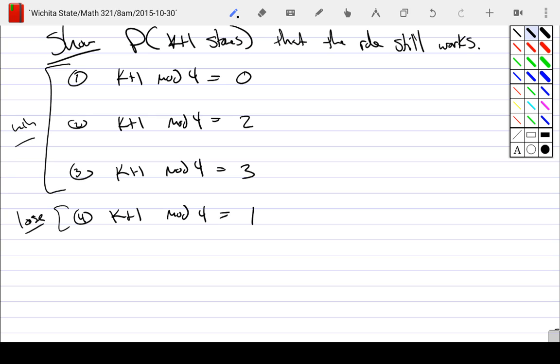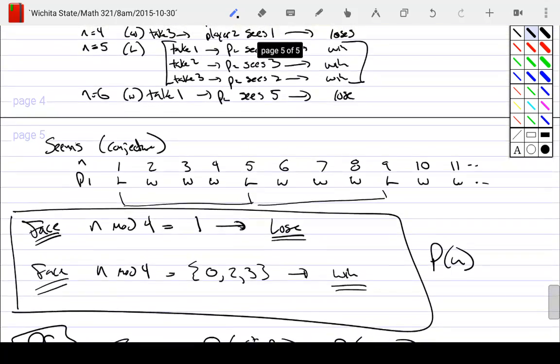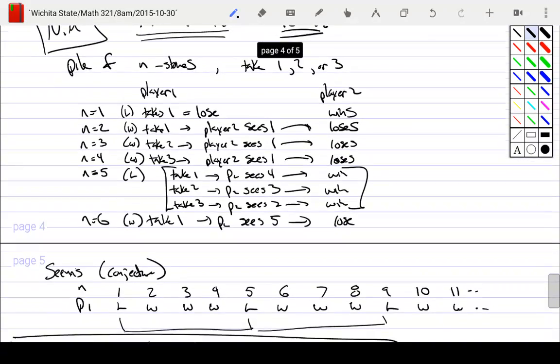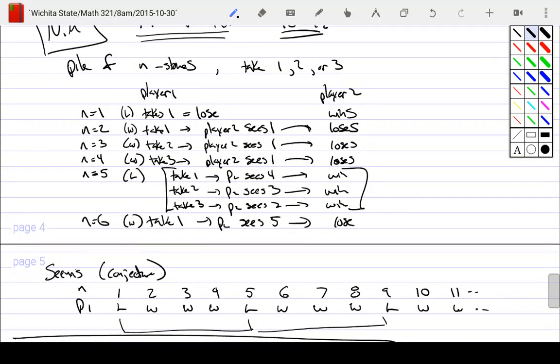k plus 1 mod 4 is 0. Why is this a win? How did you make yourself have a win? You force them into a mod 1, right?